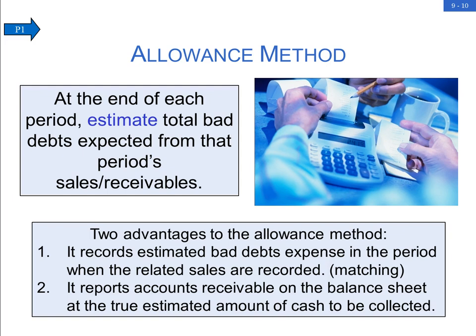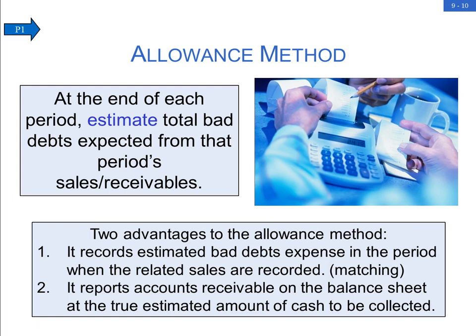By using the allowance method, in other words, using estimates for bad debt, which we're going to get into, we can report our accounts receivable, our assets, at a proper amount. So again, two advantages: the bad debt expense is estimated, and our accounts receivable, the asset, is stated at a more realistic value.